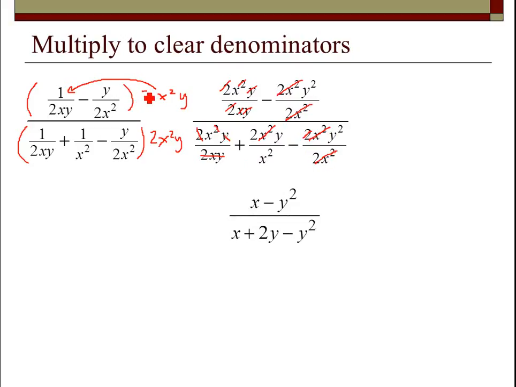Now, if you are comfortable with it, you can try to bring them in at the same time. I go 2x squared y over 2xy. Okay, that leaves me with an x. I have 2x squared is going to cancel with 2x squared, leaves me with y squared. Then 2x squared y over 2xy: I've canceled the 2, the y, and one of the x's.